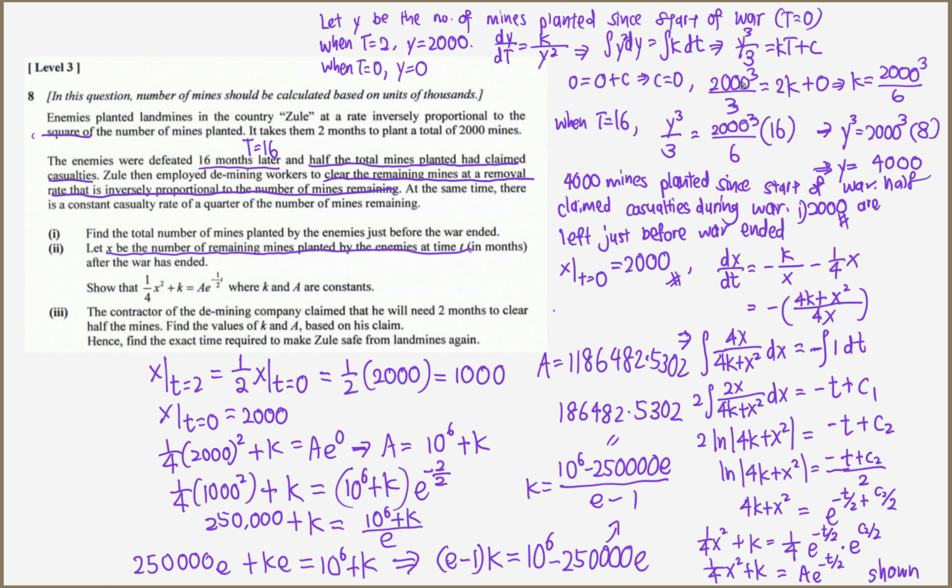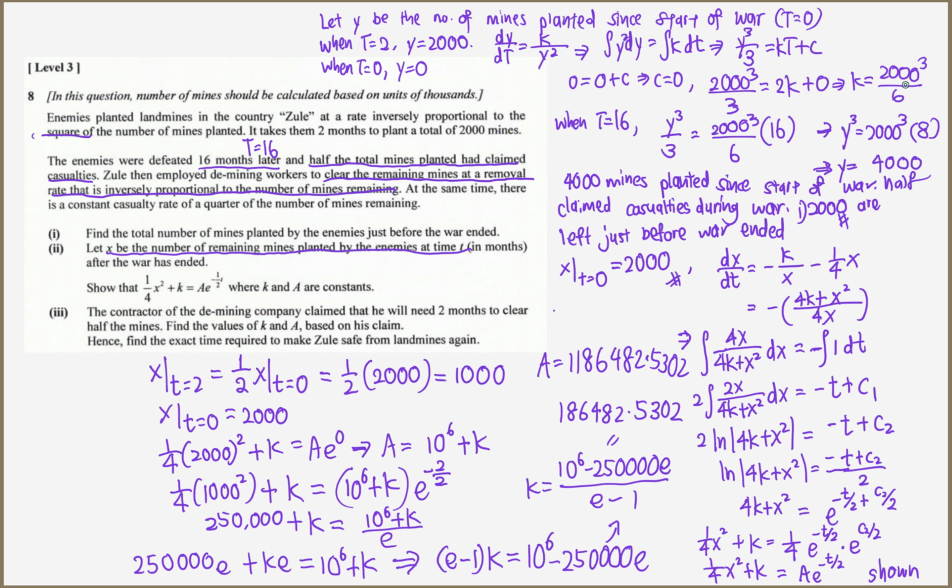So 2,000 cubed over 3 equals 2k plus 0, since we know that c equals 0. So k equals 2,000 cubed over 3 divided by 2 on both sides, so 3 becomes 6 and the 2 disappears. So then we have 2,000 cubed over 6.